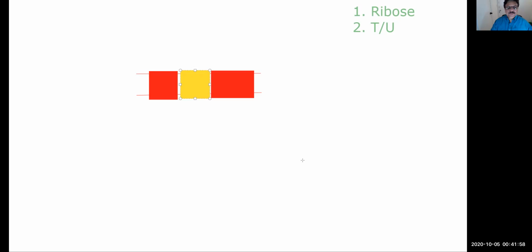Now, when the transcript is made, when the mRNA is made, it will be a mosaic of introns and exons.